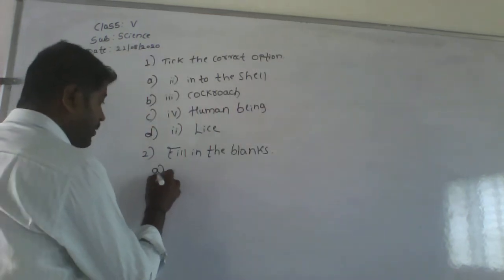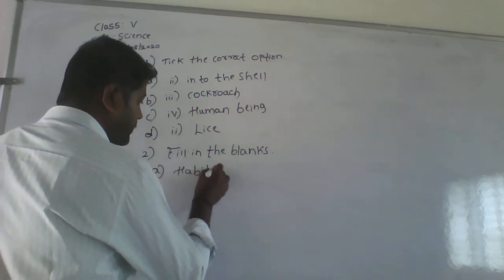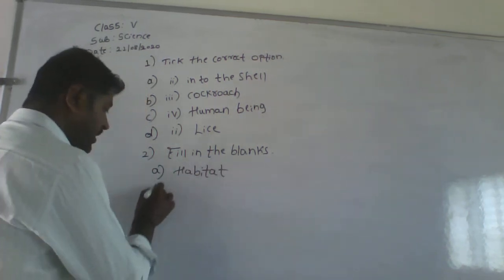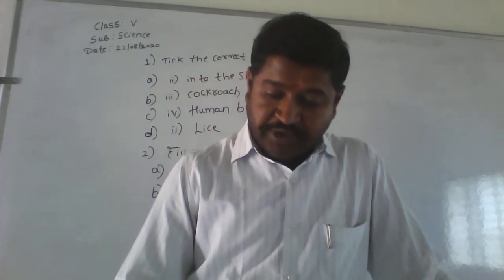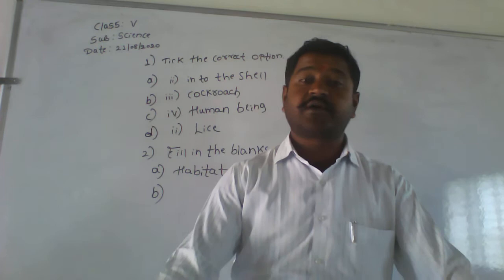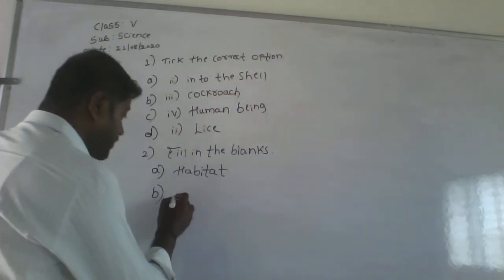So for the first one, that is A, the answer is habitat. Clear? Then B, fishes breathe through. Which is the respiratory organ of a fish? It is gills. So fishes breathe through gills.